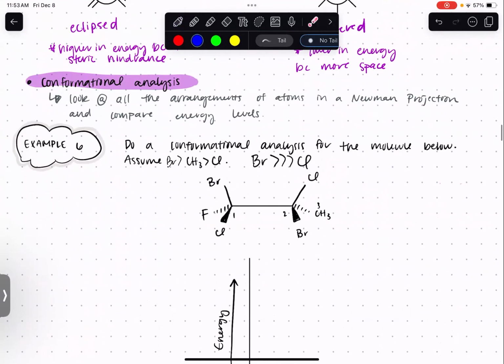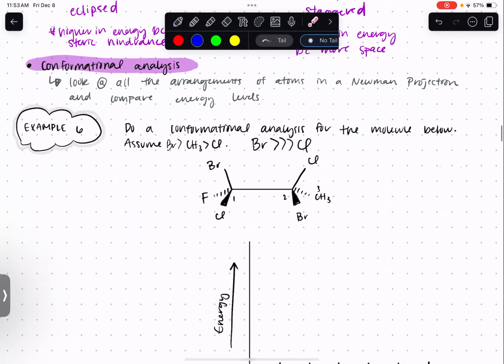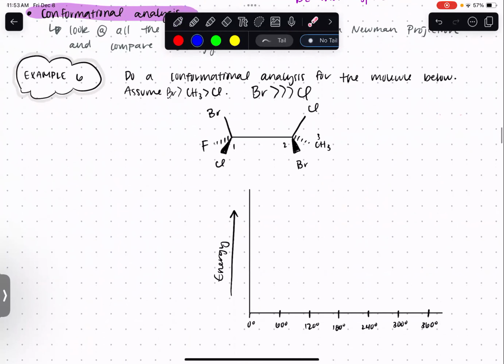So if we do a conformational analysis for this molecule here, I'm going to start by redrawing it off to the side in a Newman projection. Now, I know this is something that a lot of people really struggle with, going from the sawhorse to the Newman projection.